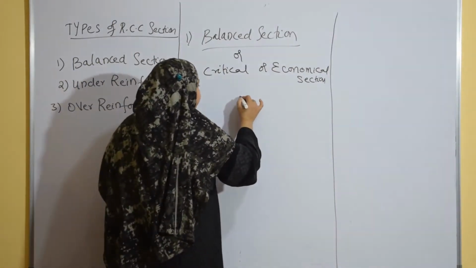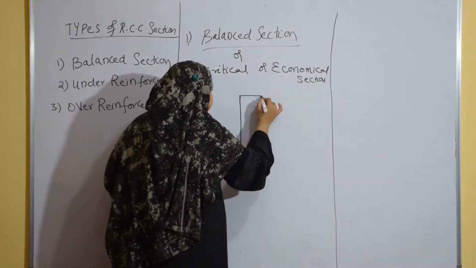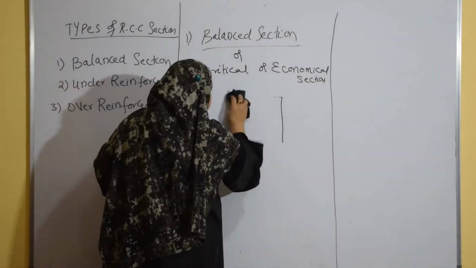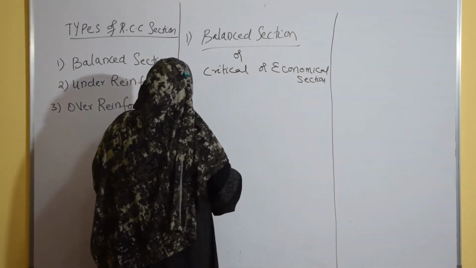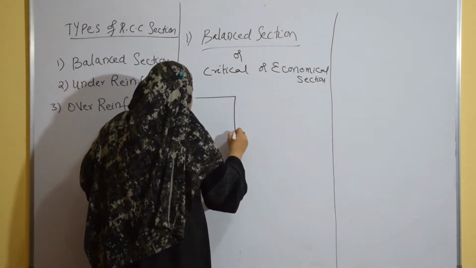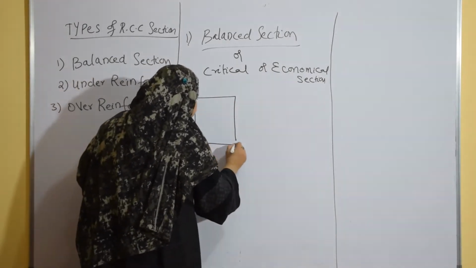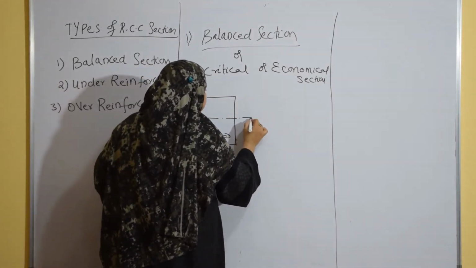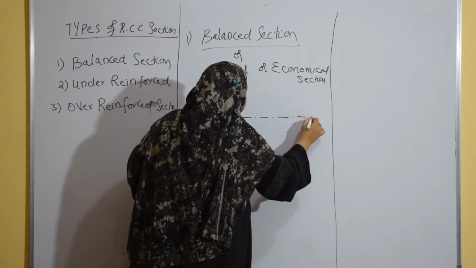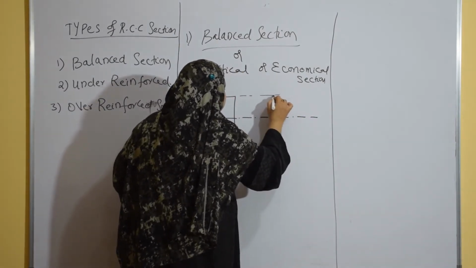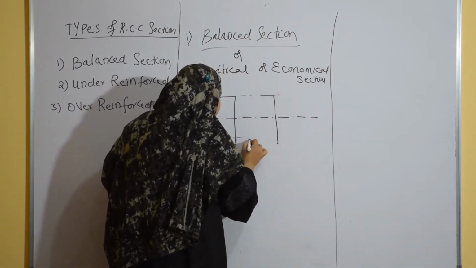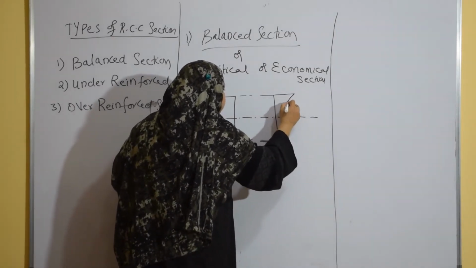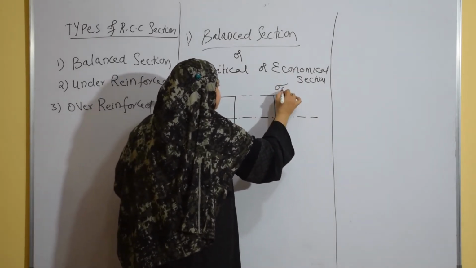Okay. Now, if I draw a balanced section, if this is a concrete beam having some steel in the tension zone, the steel is such that it is going to give you a balanced section. So if I draw the stress diagram, both are reaching their maximum simultaneously.